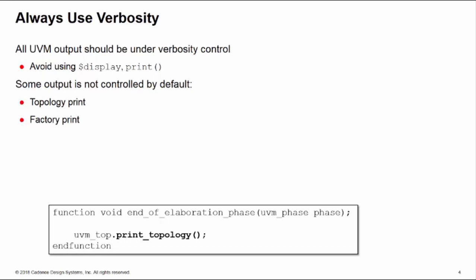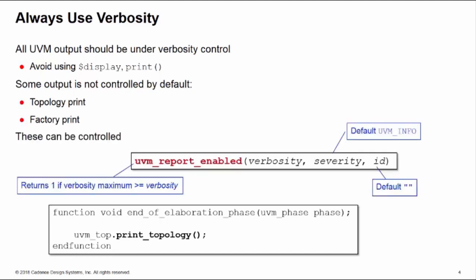If I want to bring this under verbosity control, I can do that with a method, uvm_report_enabled. This has three arguments: a verbosity setting, a severity, and an ID, and typically we just use the verbosity argument. Now this method will return a 1 if the verbosity maximum of the current component is greater or equal to the verbosity argument.